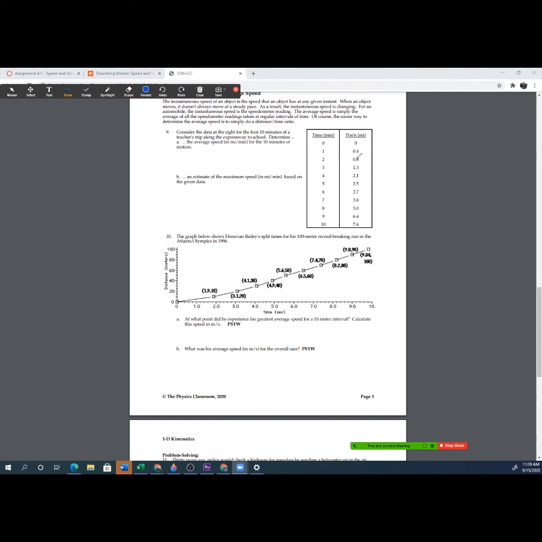At 2 minutes, they've gone 0.8 miles. So if I were to graph just in one dimension, each tick mark will be 1 minute. I'm going to see something like this to show me how far they've gone in each minute. Does that part make sense?